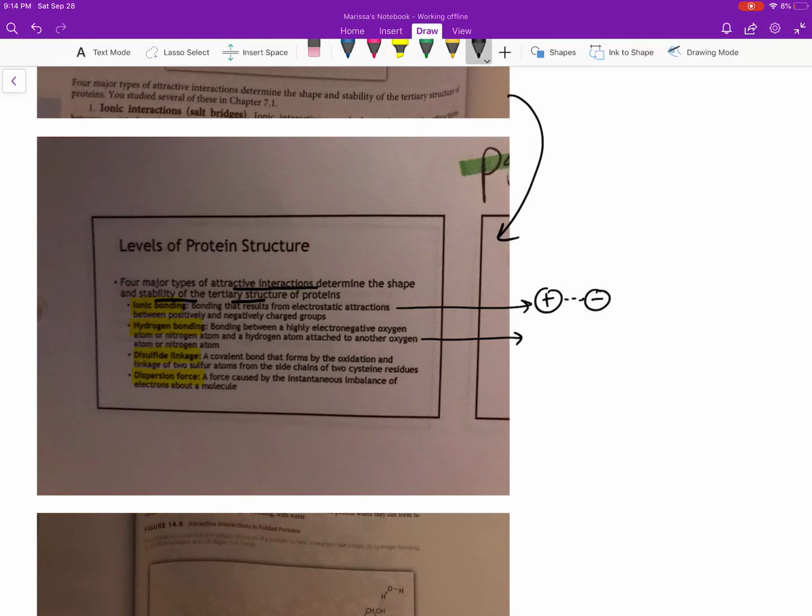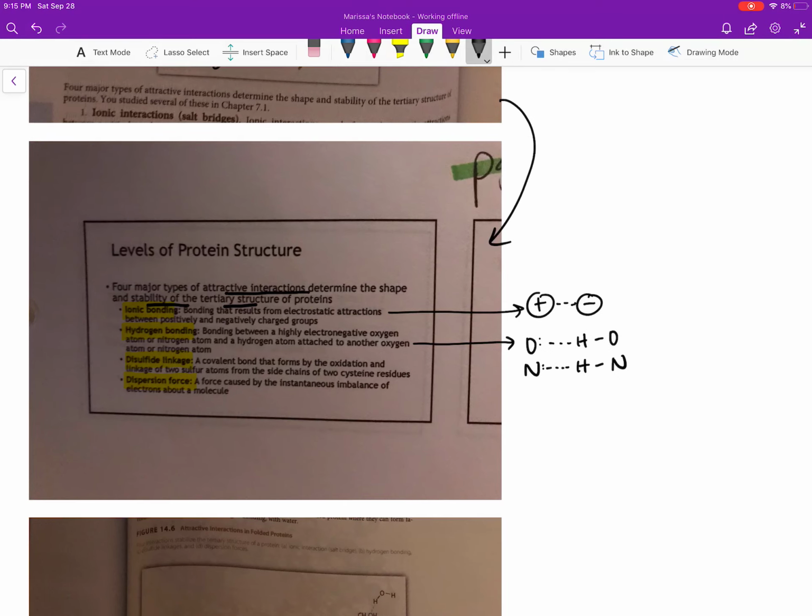Hydrogen bonding, on the other hand, is when you have a highly electronegative oxygen or nitrogen that is in close proximity to a hydrogen that is coordinated to another oxygen or a nitrogen. Okay? So it's the interaction in the dotted line.